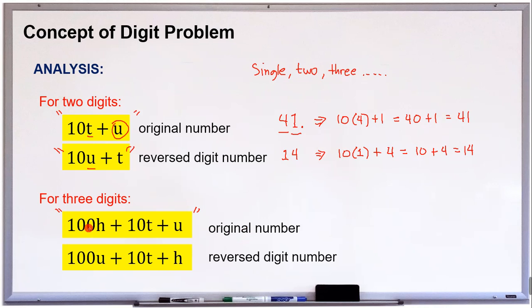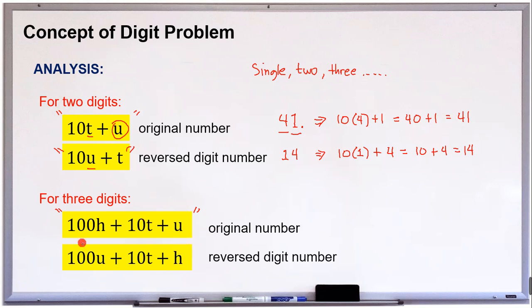Now if we reverse that, instead of H we will start with U, and the middle digit's position does not change after reversing the digits, and then the H will be interchanged with the U.